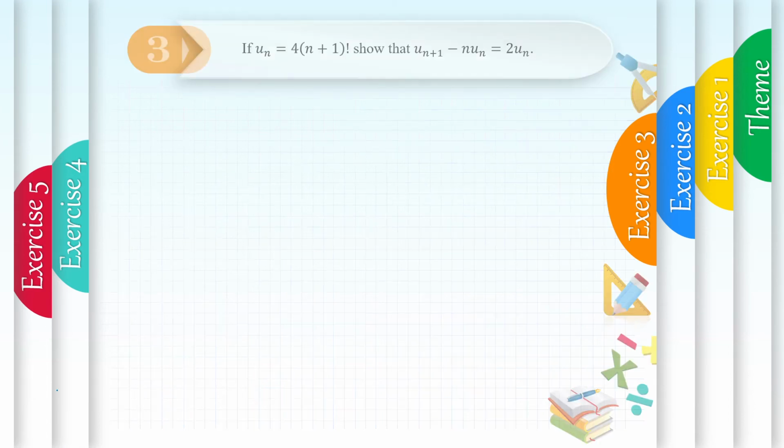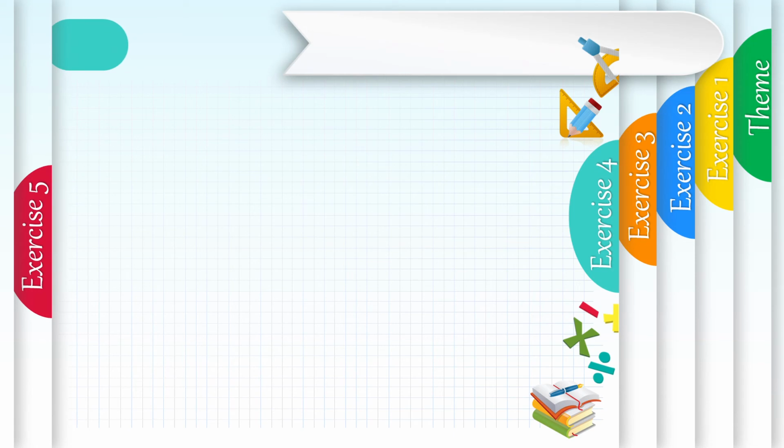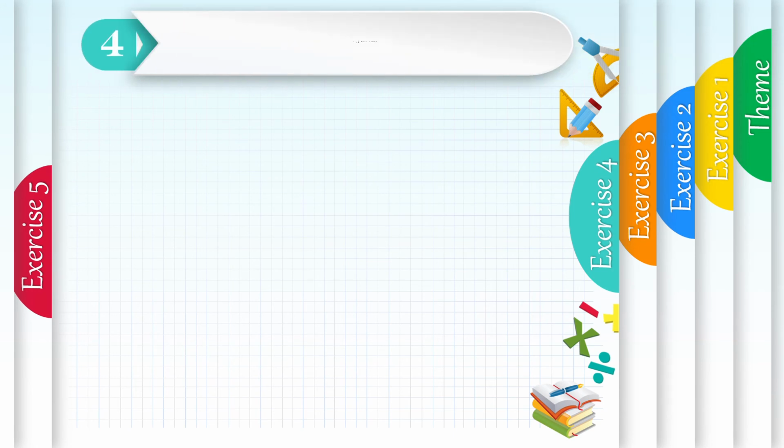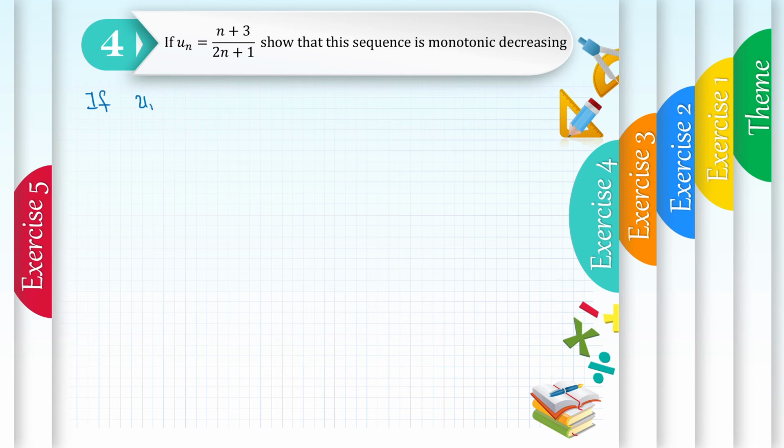Now let's move next to exercise number 4, which states the following: if u_n is equal to (n+3) over (2n+1), show that this sequence is a monotonic decreasing one. Let's remember what a monotonic decreasing sequence means. If the sequence u_n is monotonic decreasing, so it decreases, I draw like this.